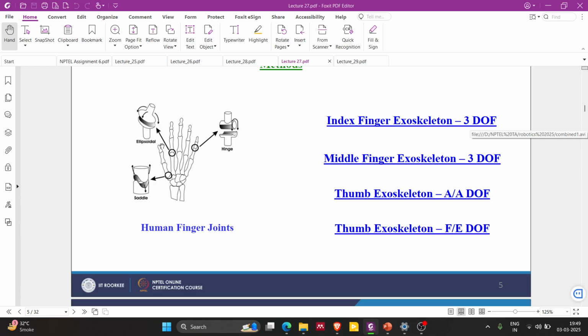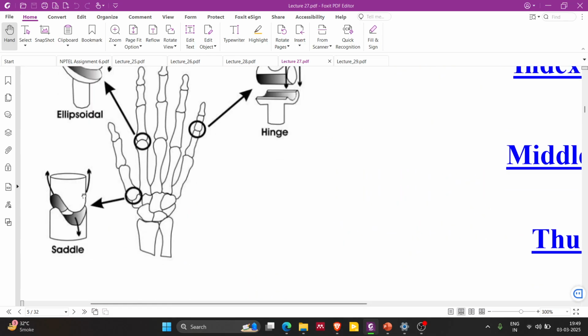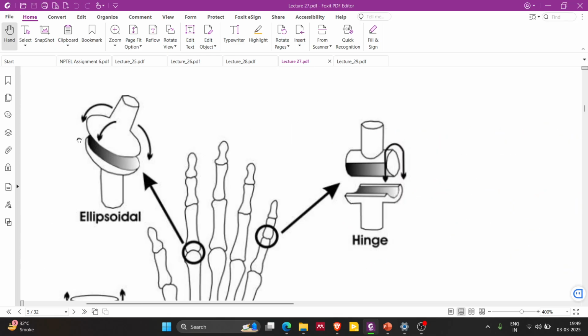So 2 degrees here, 1 degree here, and again there is a saddle joint. The saddle joint has, I think, 2 degrees of freedom. So you can see that kind of rotation. There are two kinds: one is the longitudinal and the other is the lateral direction. Whereas the hinge joint has only 1 degree of freedom.